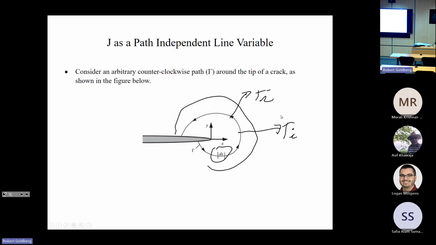We take this little point and set up a little infinitesimal element, and you can relate the tractions to the stresses defined by the normal to our plane.